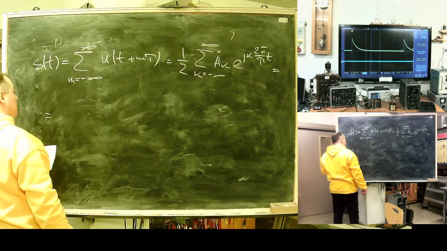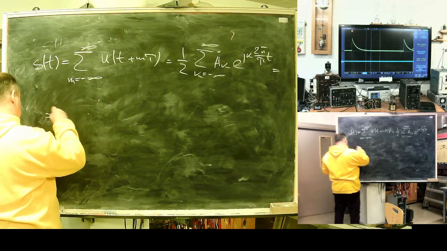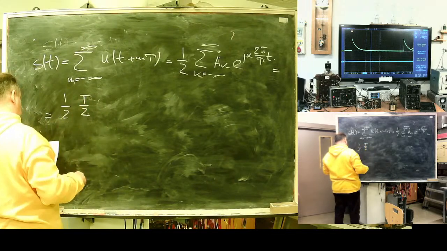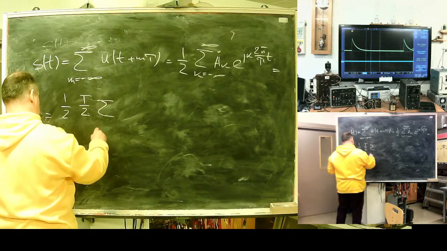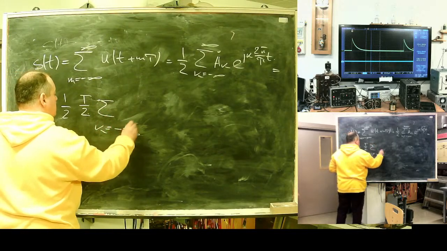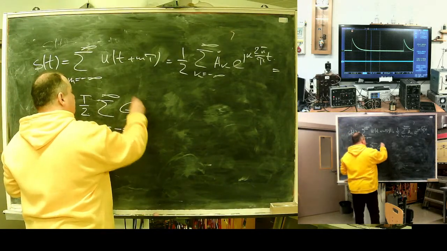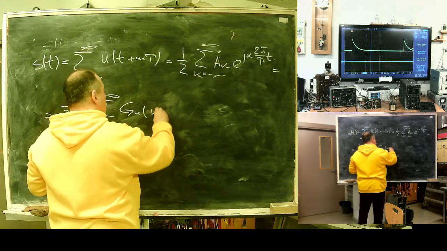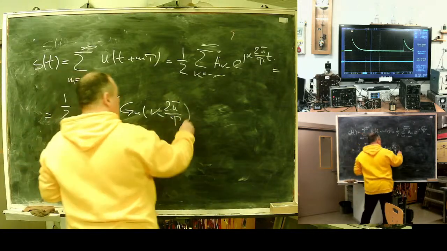So it will be 1 divided by period, sum from minus infinity to infinity, e to the power j omega t.